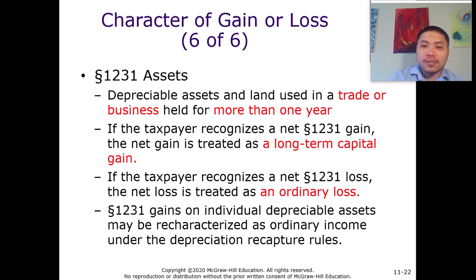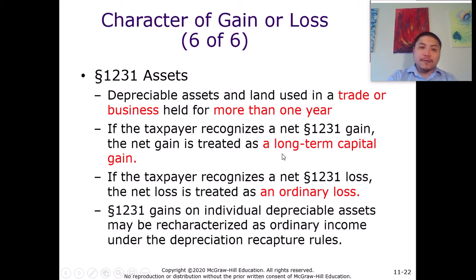If you have a loss, then the loss can be treated as an ordinary loss, which is also good for the taxpayers. So if they own the 1231 assets and sell them, there are two types of benefit for them. Either case, it's good for the taxpayers.